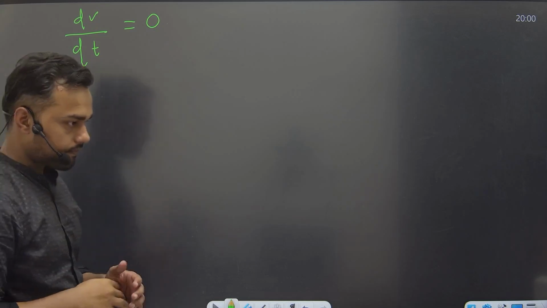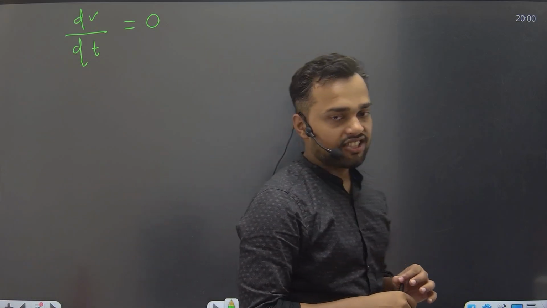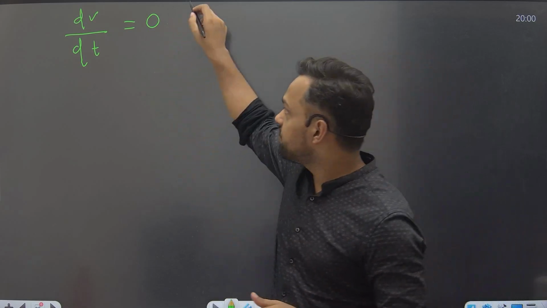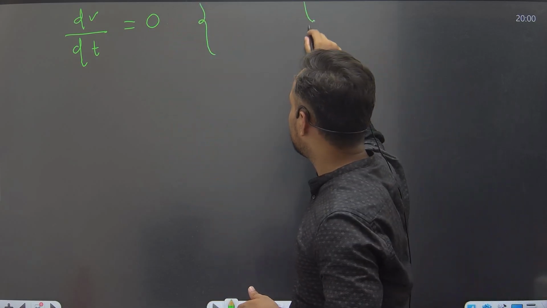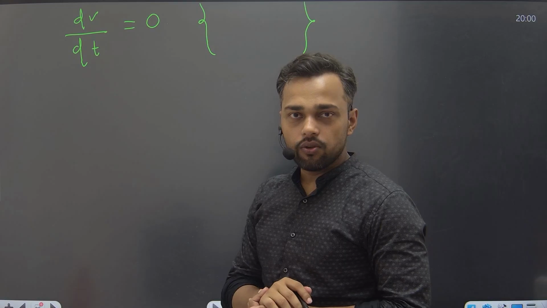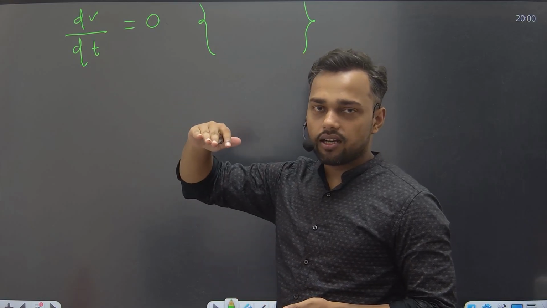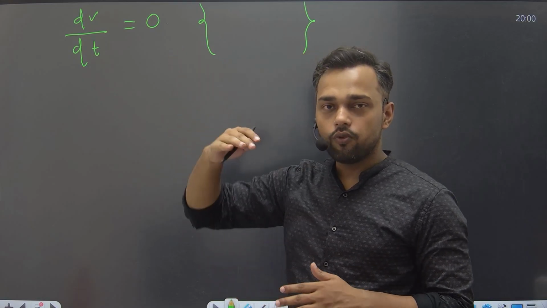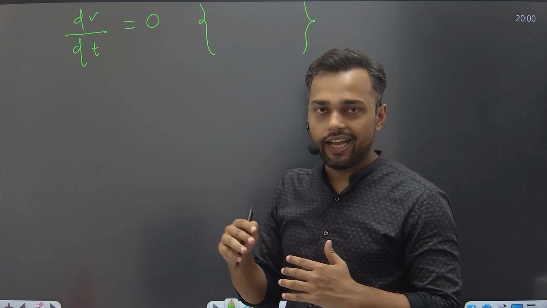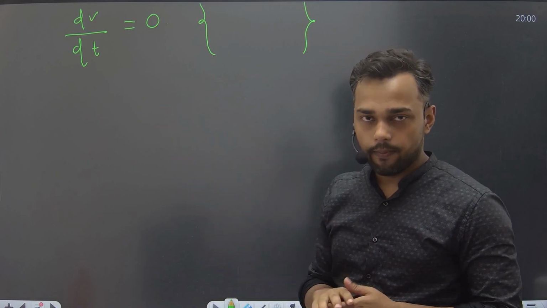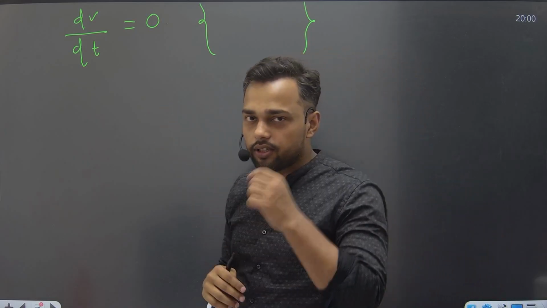If the acceleration becomes 0, this is the physical quantity, physics I am talking about, it means the car can't accelerate ahead with a particular value.